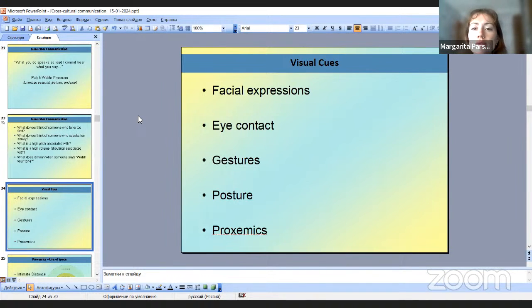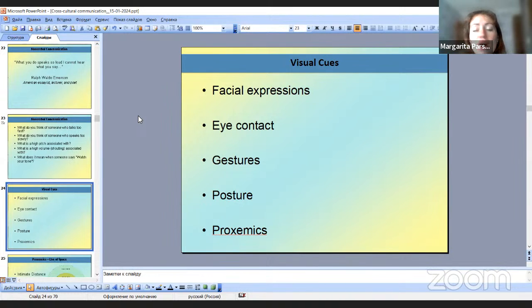Of course, we're talking about cross-cultural communication, and there are visual cues which are also important. Facial expressions: everybody knows that it's more pleasant to speak with a person with good facial expressions.